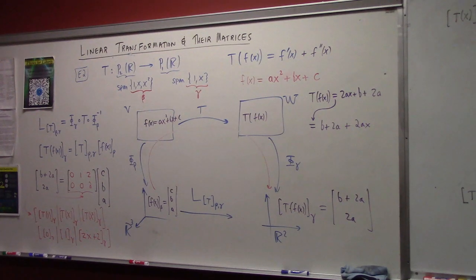I use both in my thinking about what the matrix of a transformation is with respect to bases. And then, the coordinate vector of 0 is 0, 0. The coordinate vector of 1 is just 1, 0 because that was the first thing in the basis. And the coordinate vector of 2 plus 2x is 2, 2 because that's our gamma basis. Make sense? Yep. Cool.